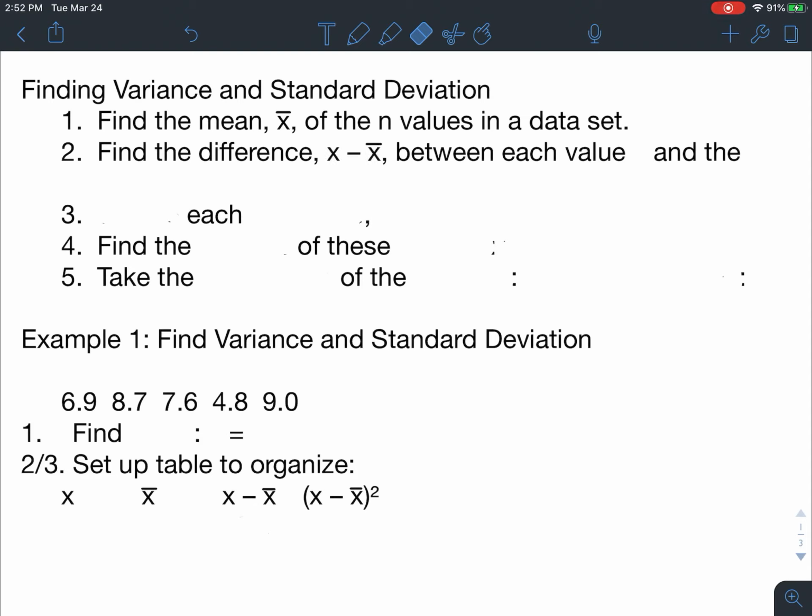Then we find the difference between each value X and the mean. Then you square each difference.